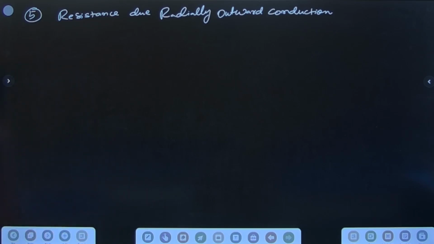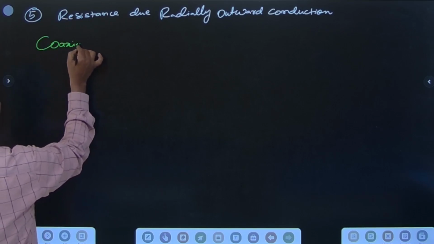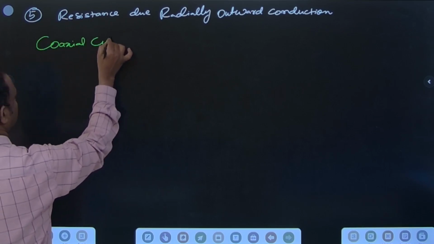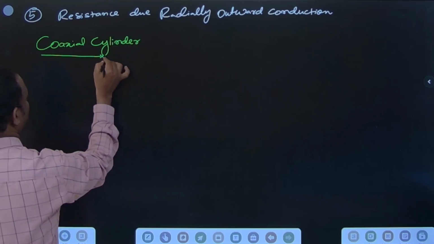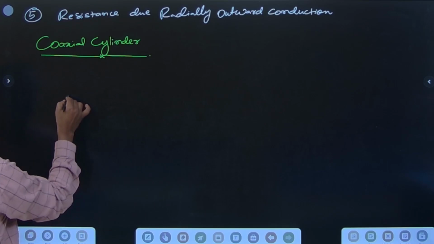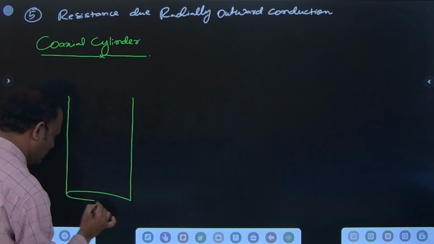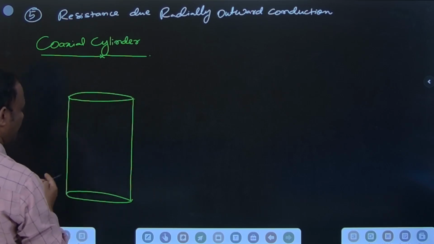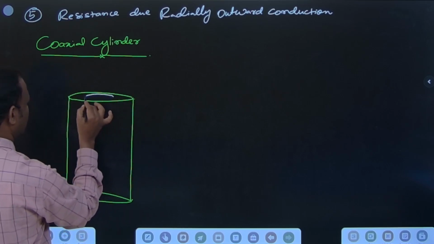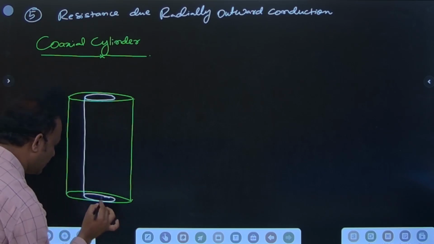Next is the coaxial cylinder. For the coaxial cylinder, the inner and outer radii are mentioned.